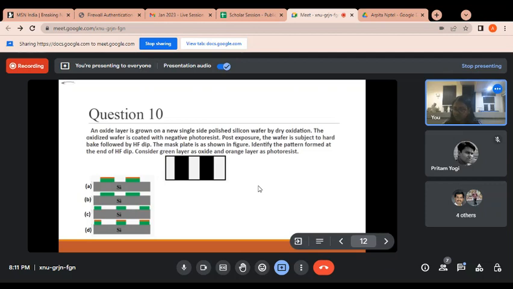Vishnu, please unmute yourself and try to give the answer. Vishnu, at least you can try now. Whatever the answer is, that is not the main thing. At least you can try. Then I will explain why it is happening and what difficulties you are facing. Venkataraman, please unmute yourself and try to give the answer.